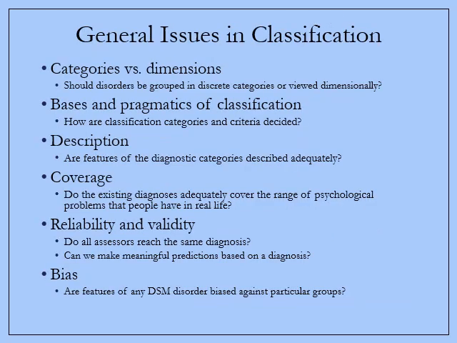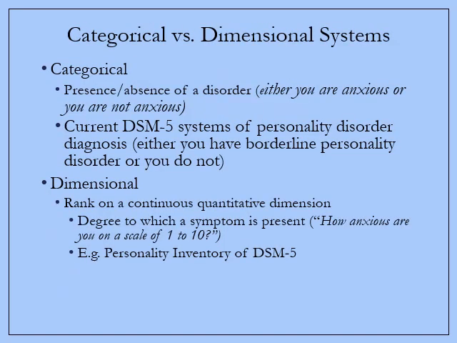So what are some general issues in classification? There are plenty, and I will go through them one by one, but here's a summary sheet. Categorical versus dimensional systems. A categorical system is a system in which you must determine whether or not a disorder exists. So either you have anxiety or you do not have anxiety.